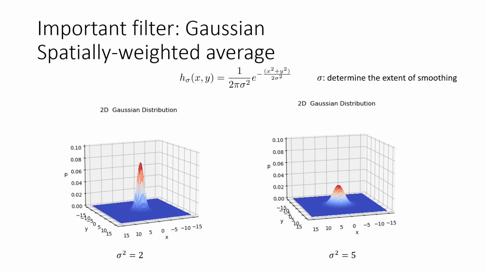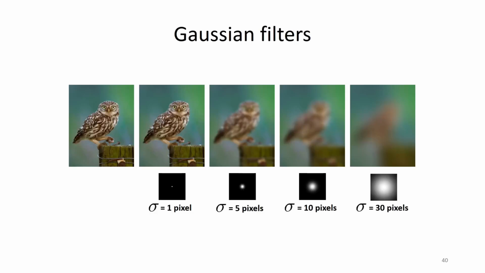Like this one. And sigma squared, the square, it means the variance. If the variance is large, then the distribution is shorter and widely distributed. Okay, so if we apply the Gaussian filter to our image, it will be like this.